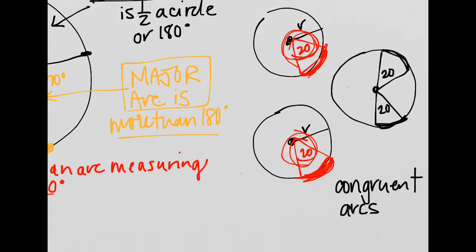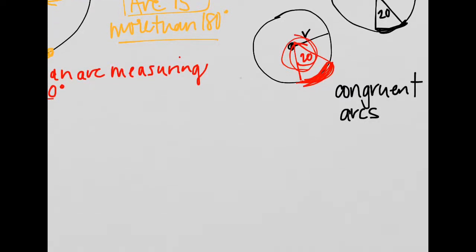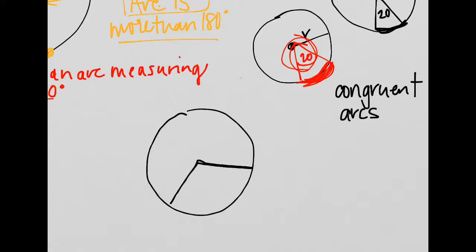Okay, so we talked a little bit about our arcs and our measures, and we talked about a minor arc and a major arc. If I know that this is, let's say, 100 degrees, let's make it easy on us here. If I know this is 100 degrees, this is a minor arc, right?